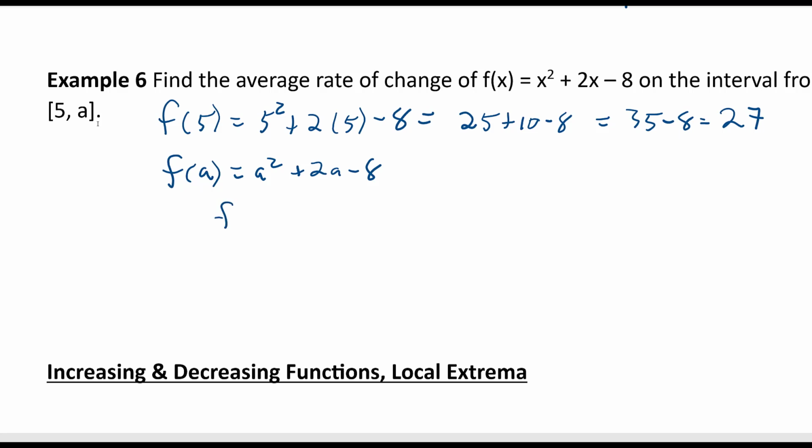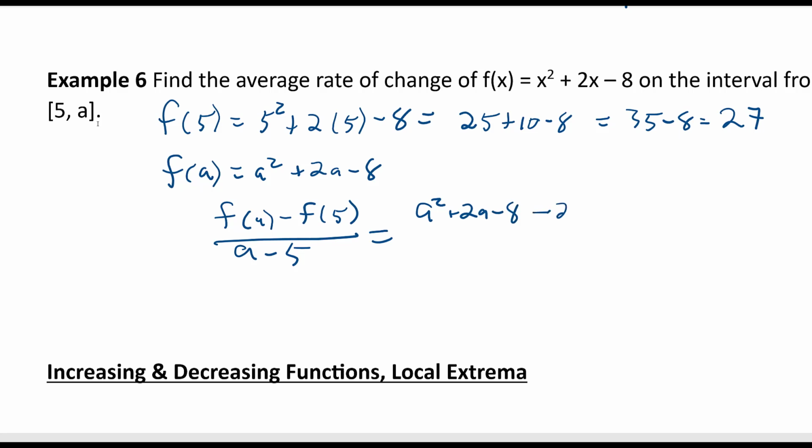So if we're looking at f of a minus f of 5 over a minus 5, we would have a squared plus 2a minus 8 minus 27, all over a minus 5. So that's a squared plus 2a minus 35 all over a minus 5.